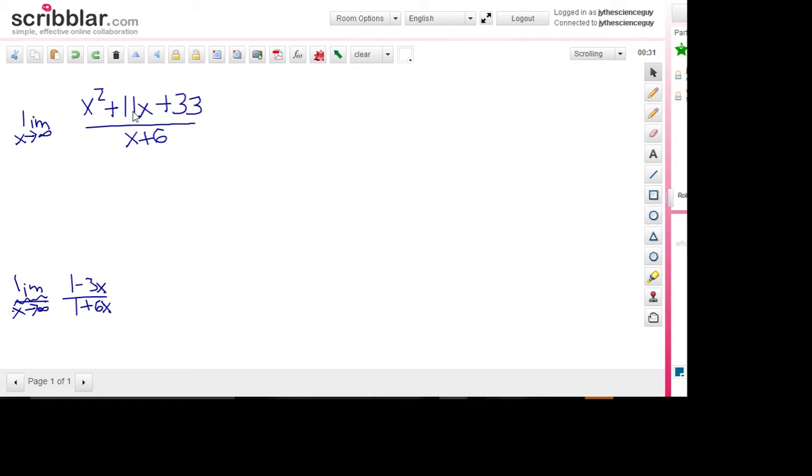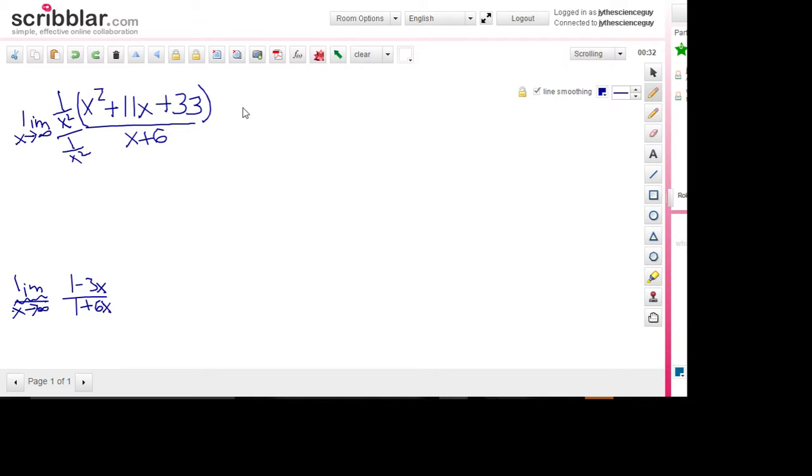So I want you to answer a question for me. What is the highest power of x here? The 2. The top one. 2, right? Mm-hmm. So I'm going to multiply the top and the bottom by the highest power of x. When I do that, am I changing the function? No, because that's a form of 1, right? Mm-hmm.